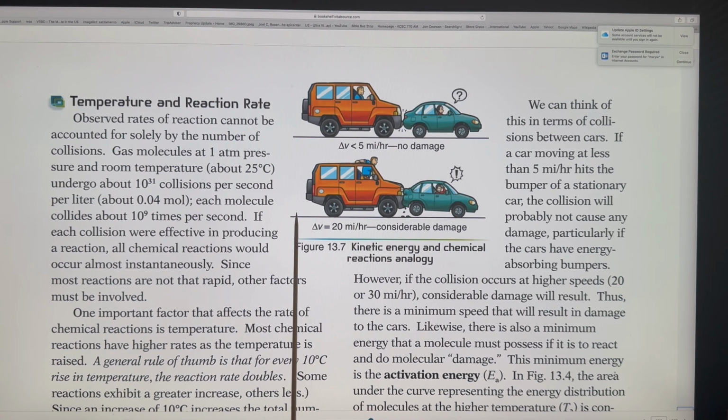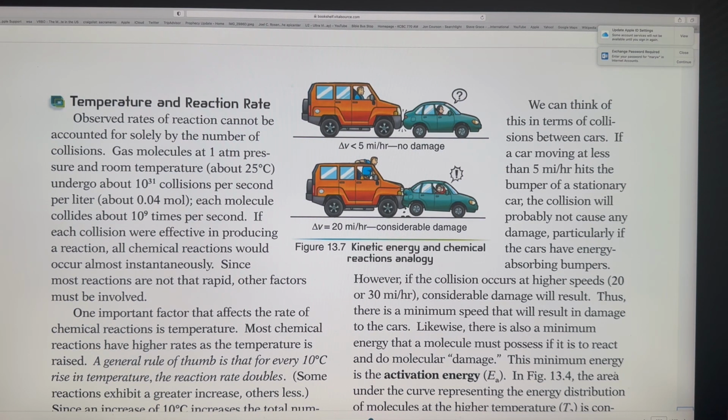But if you're going 20 miles per hour, bam, or maybe 50 miles per hour, bam, you could really do a lot of damage. It's a lot of energy. So basically, temperature increases the kinetic energy of the molecules, and so they're more likely to bump and collide with each other more often and harder.